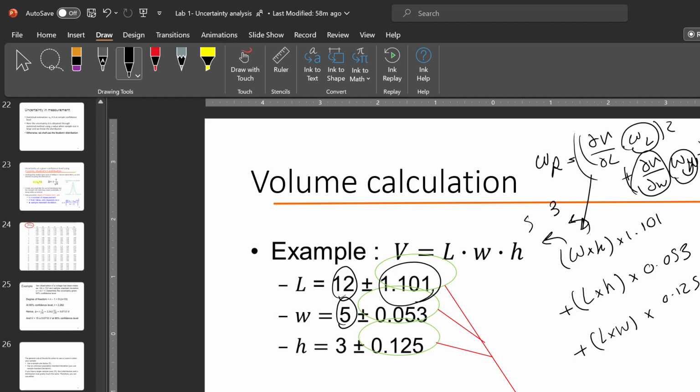So 5 multiplied by 3, length is 12 multiplied by 3, and 12 multiplied by 5. Take all of these to the power 2, and take the square root eventually to find the uncertainty of the volume calculation. Essentially, the uncertainty that is propagated to the volume.